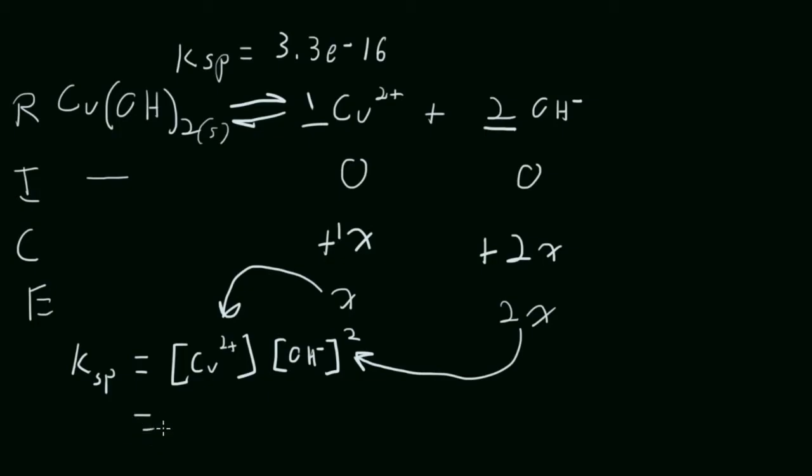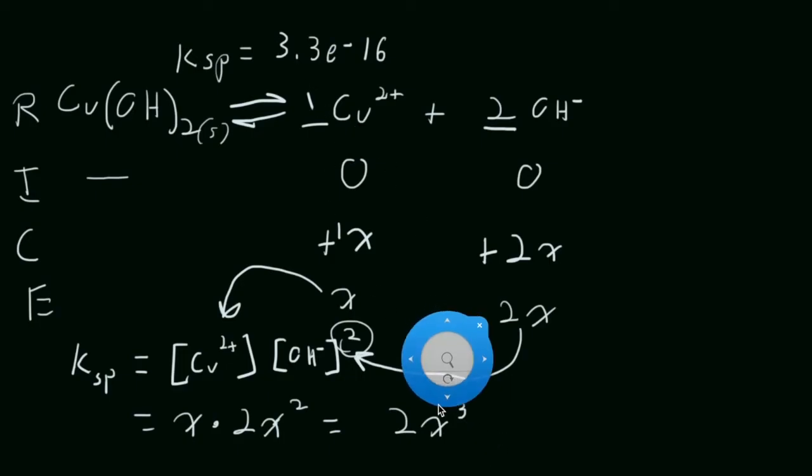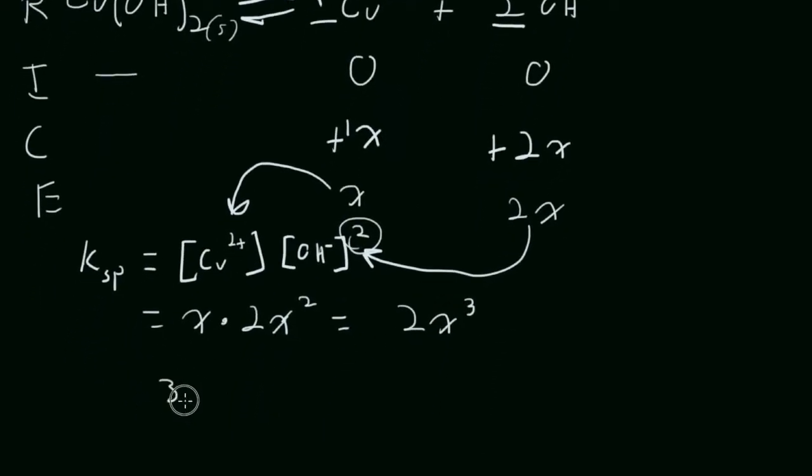And I get x times (2x) squared. (2x) squared because of that square right there. So what this really comes out to is 4x cubed. So now when I take my 3.3 E negative 16, this is going to be equal to 4x cubed. Now when I want to solve for x, first thing, divide by 4.